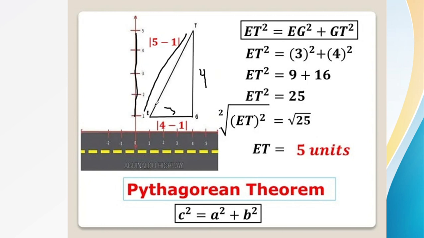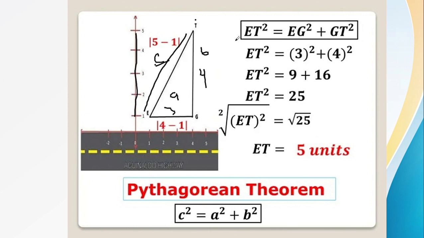So we will use the Pythagorean theorem because we are looking for the distance. Counting units is fine for a straight line like T to G, but not here. In the formula, c is our hypotenuse. A is the shorter leg, and B is the longer leg, T to G. So c is just equal to ET.